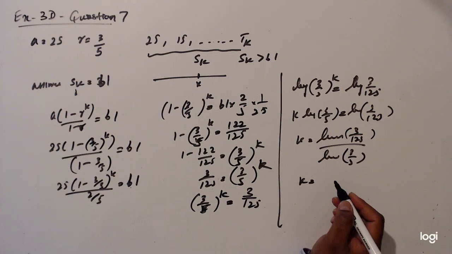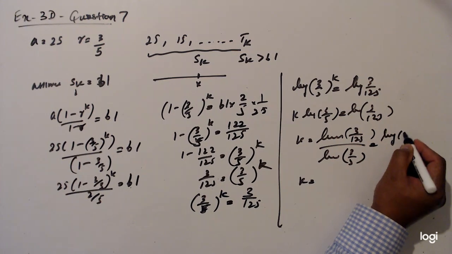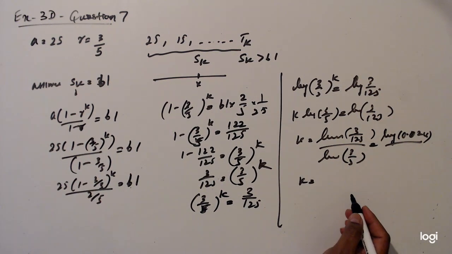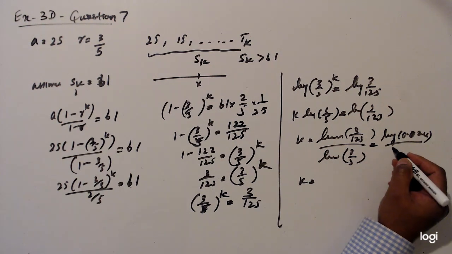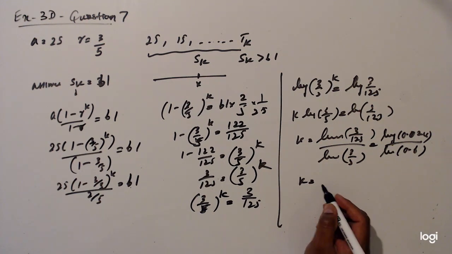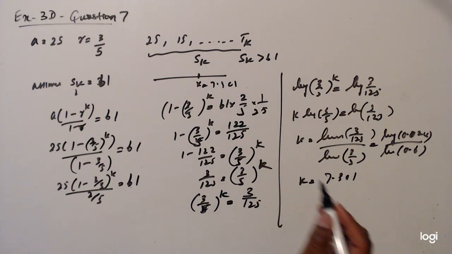Actually, this value should be equal to 0.024, and 3 divided by 5 is 0.6. Somehow now when we calculate this value it is equal to 7.309. So this value is 7.309.